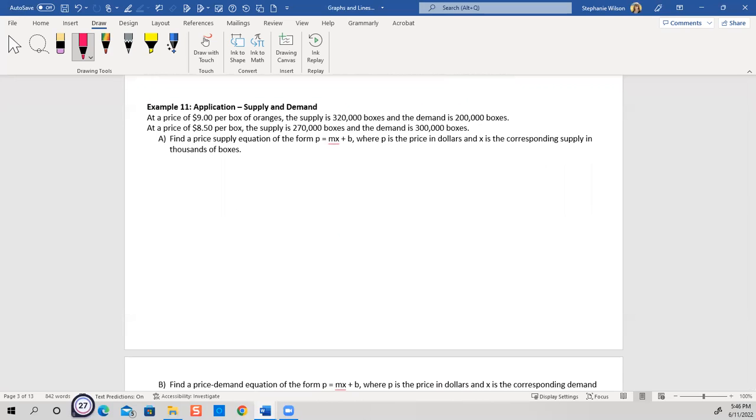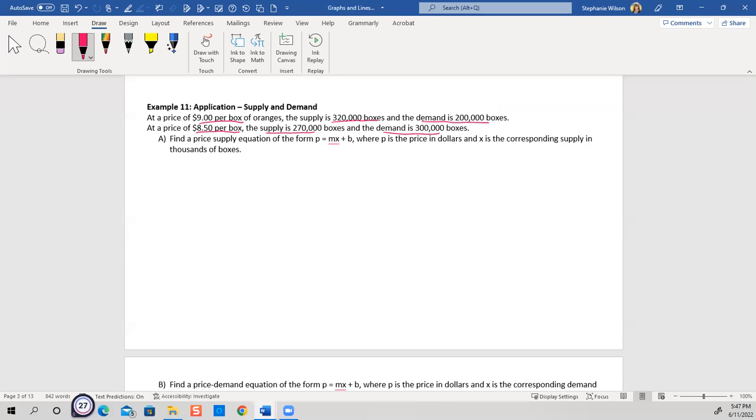All right, so on example 11 here, it says application of supply and demand. At a price of $9 per box of oranges, the supply is 320,000 boxes. The demand is 200,000 boxes at a price of $8.50 per box. A supply of 270,000 boxes has a demand of 300,000 boxes.